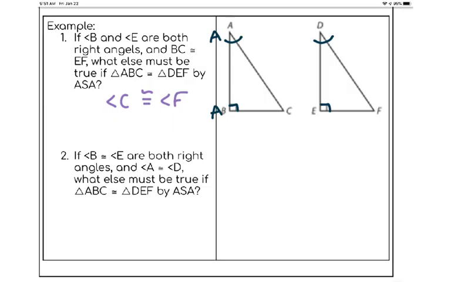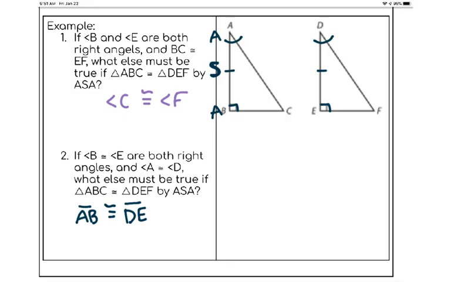What else do we need in order to prove ASA? So you may be saying that we need that included side. So we would need side AB to be congruent to side DE. Those sides would need to be congruent in order to prove ASA.